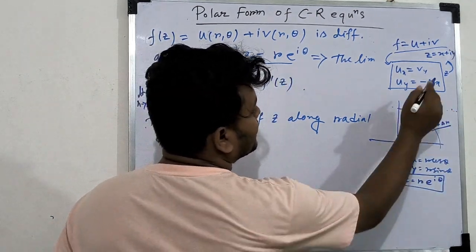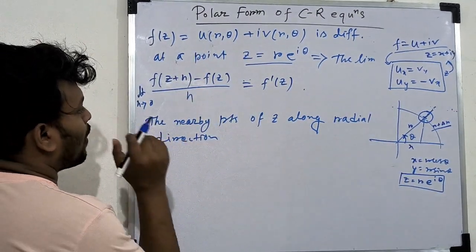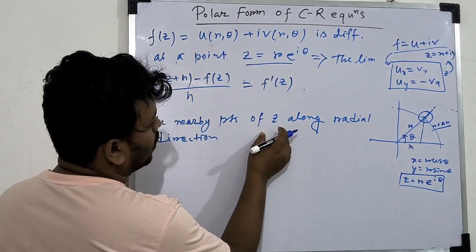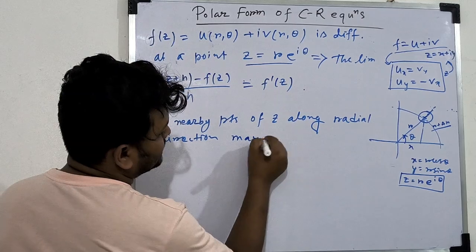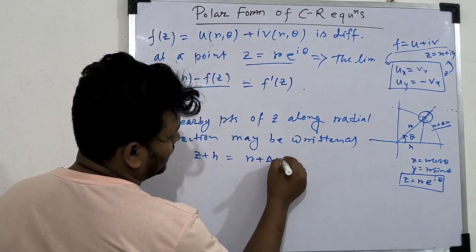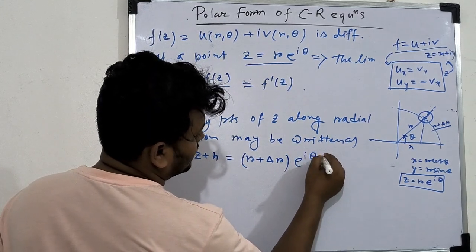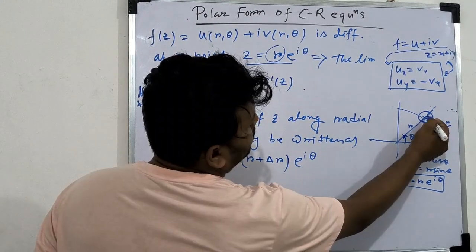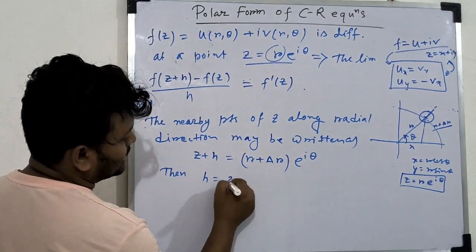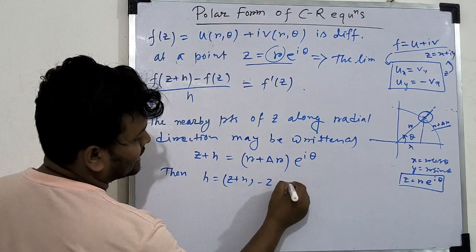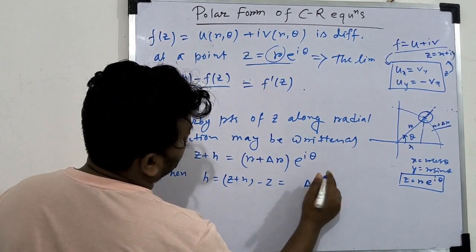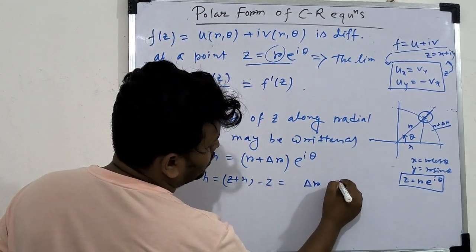So in this radial direction we choose nearby points, which may be written as z + h, that is (r + Δr) e^{iθ}. So we get h = (z + h) - z, that is Δr e^{iθ}.